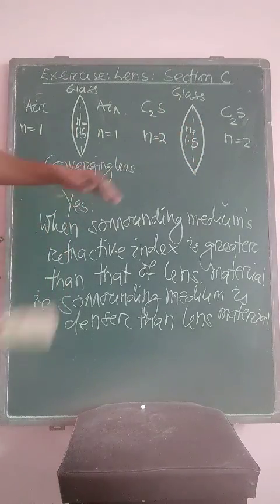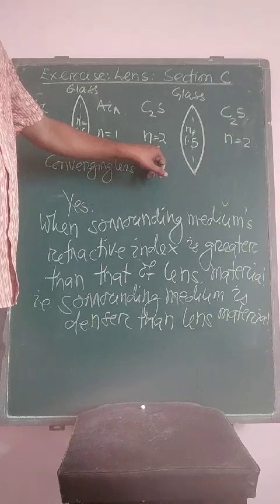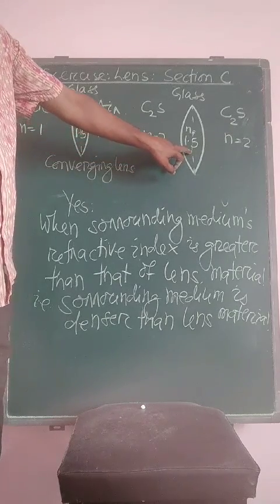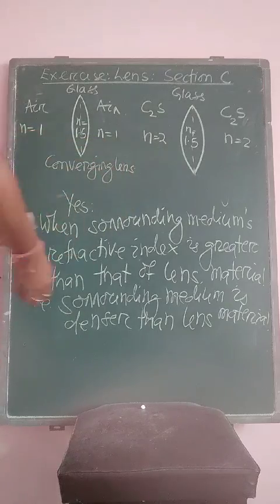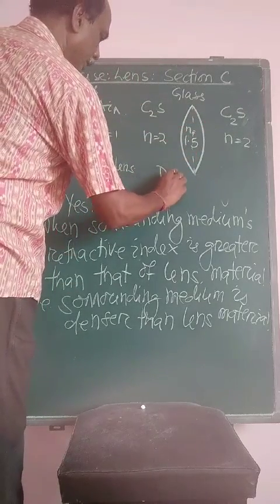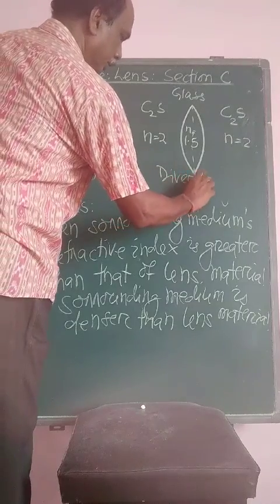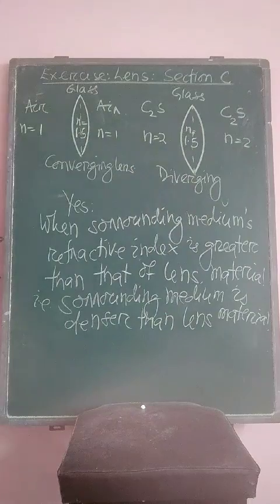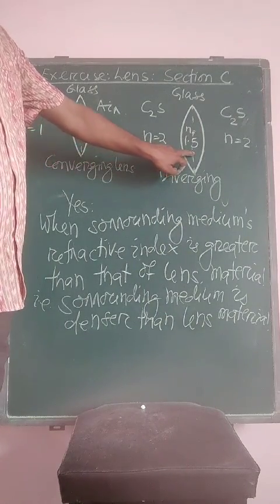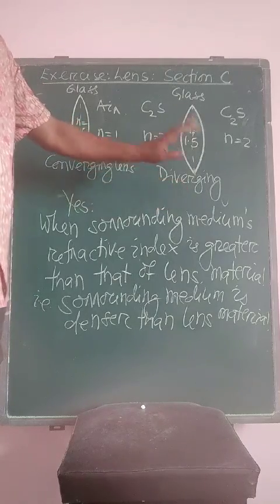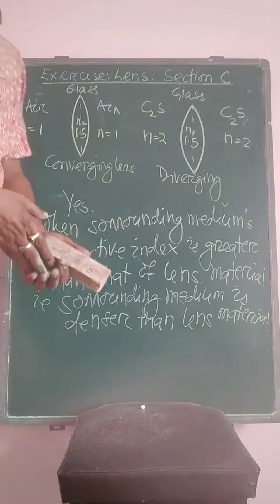So here the surrounding medium has greater refractive index than the lens material. So here it will act in the opposite way. That means it will now be diverging and its focal length will be negative. Earlier your focal length was positive, now your focal length will be negative. That means it is acting as a diverging lens. Same thing also for a concave lens.